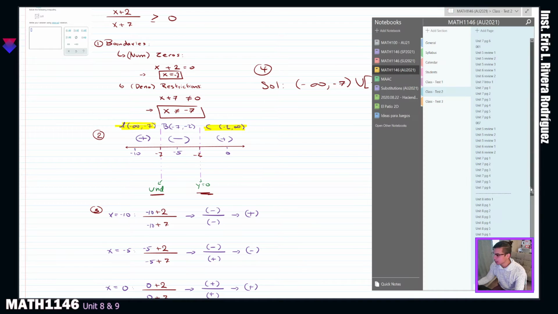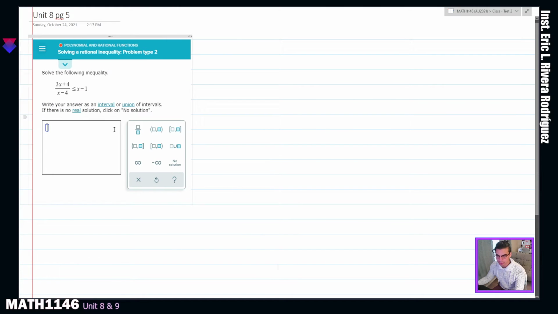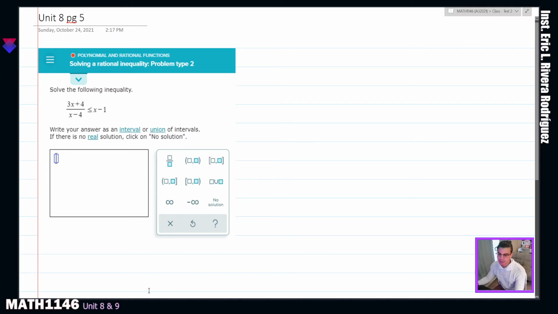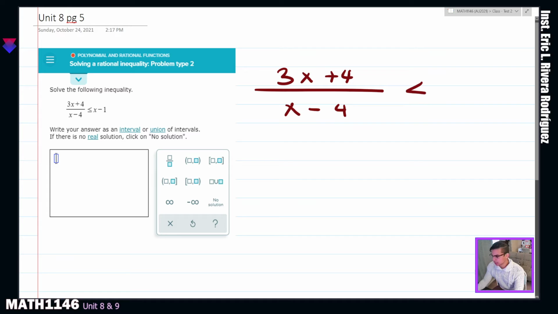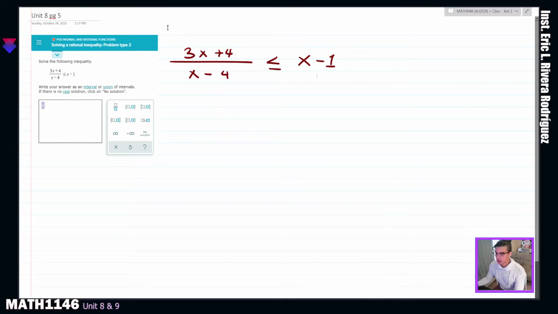All right, so let's see a more complicated exercise. And the reason why this is more complicated, well, this is what we have: a rational function on the left side and a polynomial on the right side. So let me put this below because we are going to use it here.